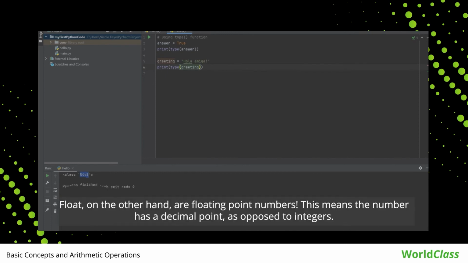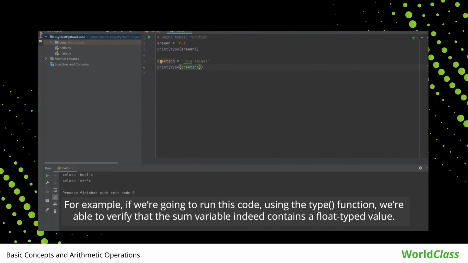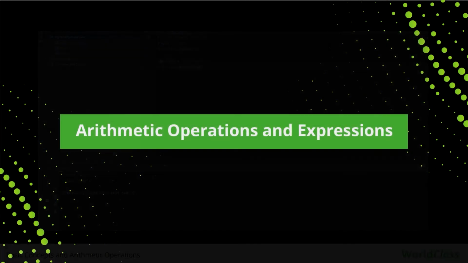Floats, on the other hand, are floating point numbers. This means that the number has a decimal point as opposed to integers. For example, if we're going to run this code using the type function, we're able to verify that the sum variable indeed contains a float type value.